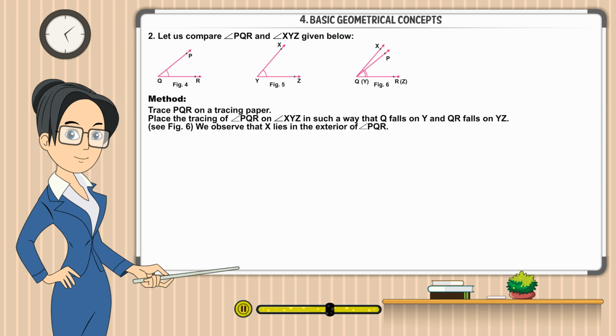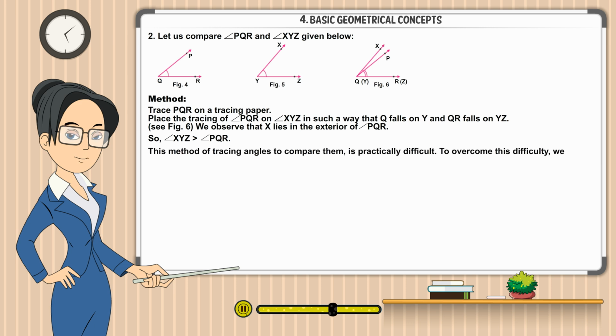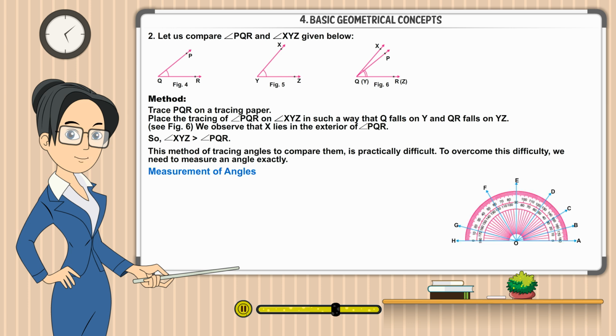We observe that X lies in the exterior of angle PQR. So, angle XYZ is greater than angle PQR. This method of tracing angles to compare them is practically difficult. To overcome this difficulty, we need to measure an angle exactly.